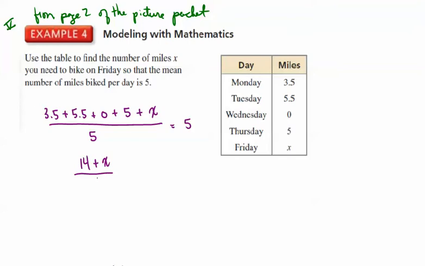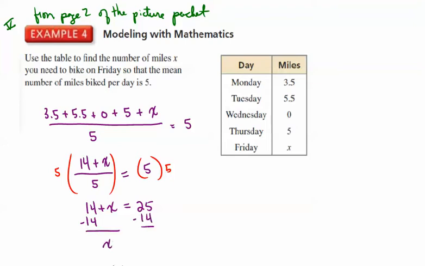And we're going to add in the missing 5th day, divide by 5, get an average of 5. So we want to get rid of the denominator, multiply both sides by 5, and we have 14 plus x is equal to 25. Subtracting a 14 on both sides, we'll get x has to be 11.